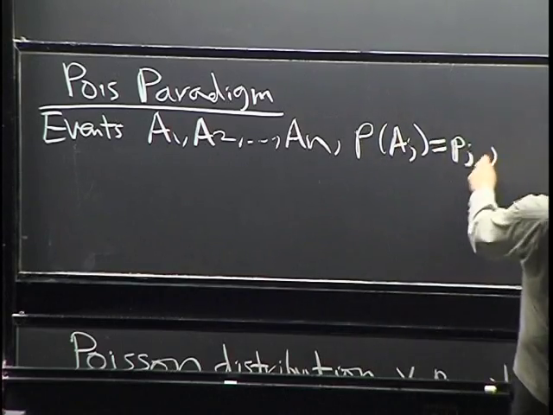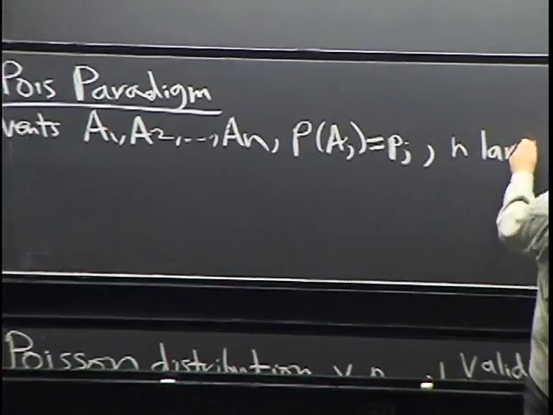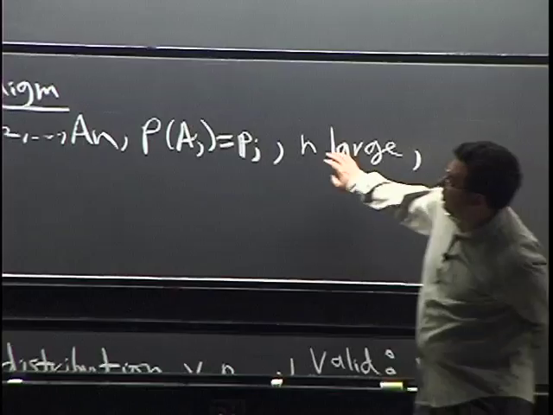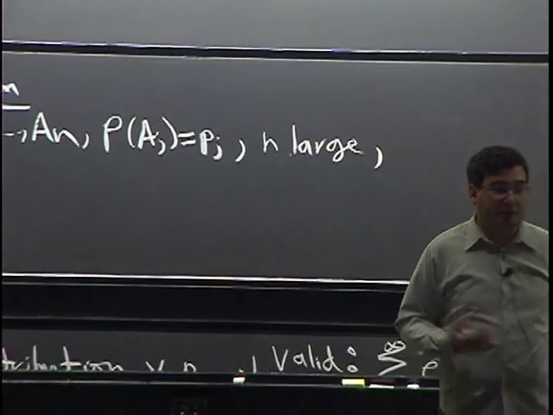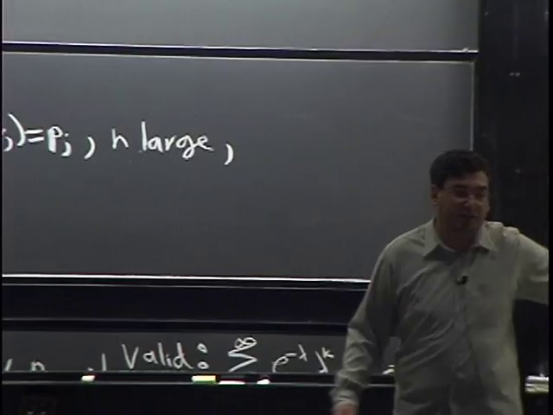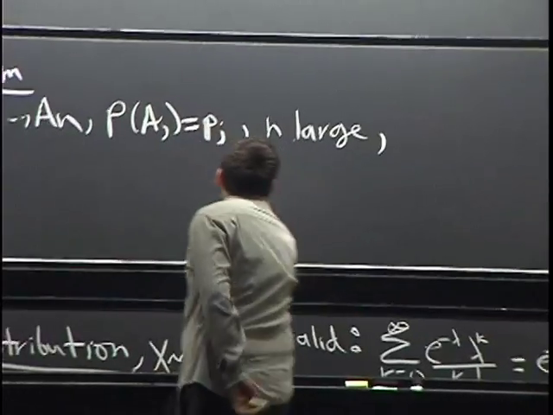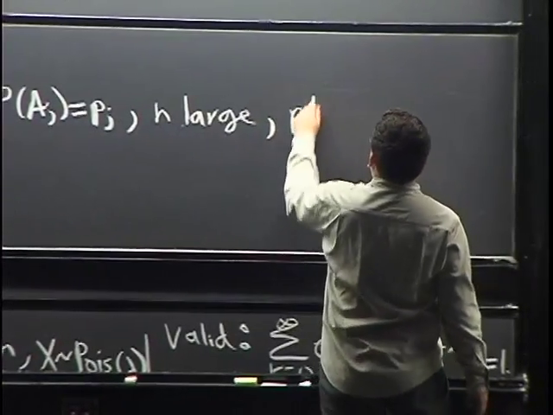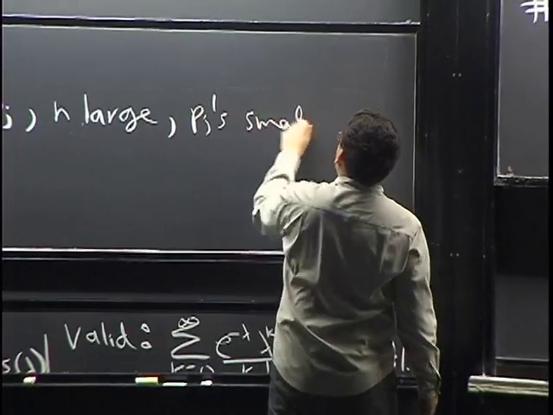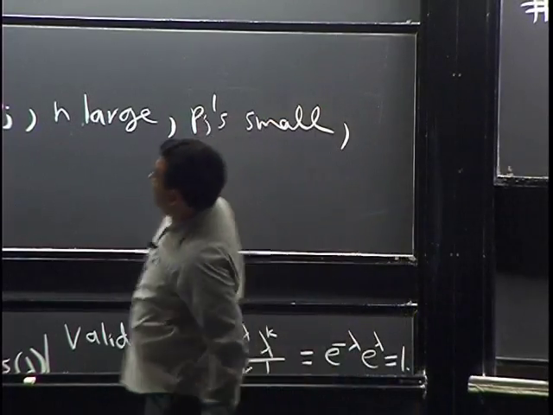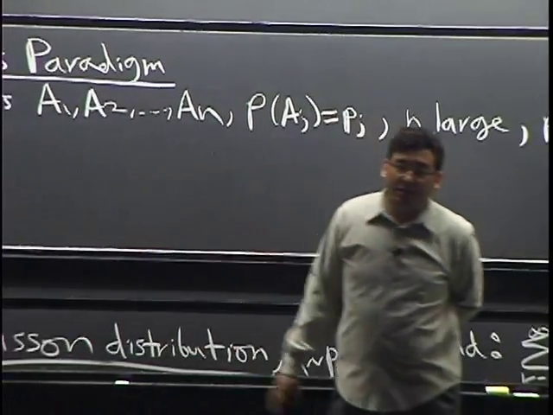So N is large, and we have a large number of things that could happen, but each one is unlikely. That's what I was talking about. I'm just trying to write this a little more mathematically right now. So the PJs are all small. And now we have to say something about independence.